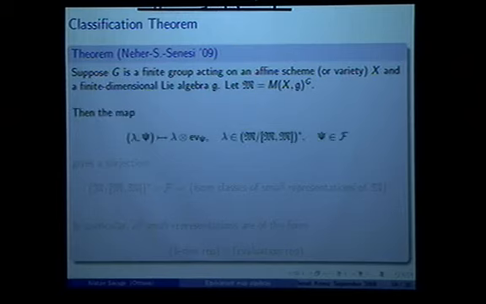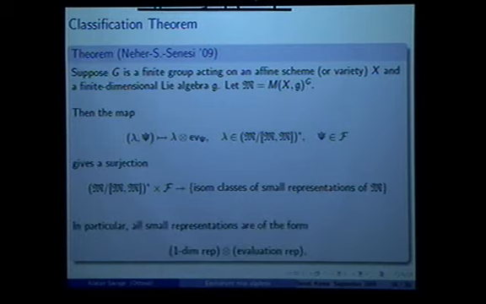If we have a pair, an element of this dual space and one of these functions, we can associate the tensor product of that one-dimensional representation and the evaluation representation. This is a surjection from this product to the isomorphism classes of small representations. So all small representations are of the form a one-dimensional representation times an evaluation representation. This is the main result.